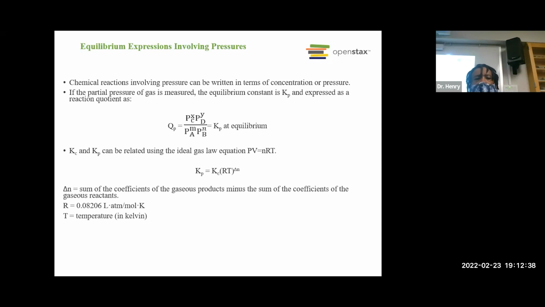So here's the example for the equilibrium constant for pressure. It's calculated the exact same way. The equilibrium constant for pressure is going to be equal to Kc times (RT) to the delta n, where delta n is the change in number of moles when you use PV equals nRT.